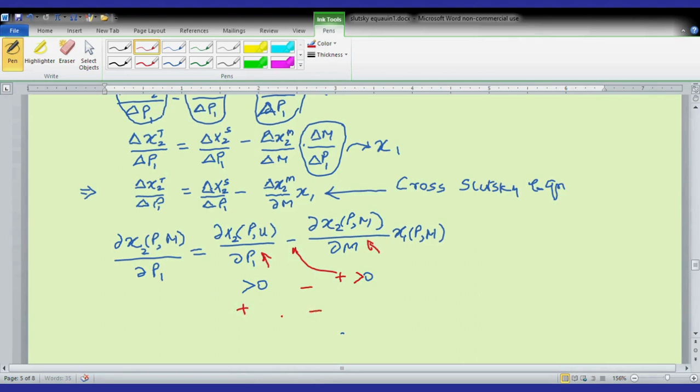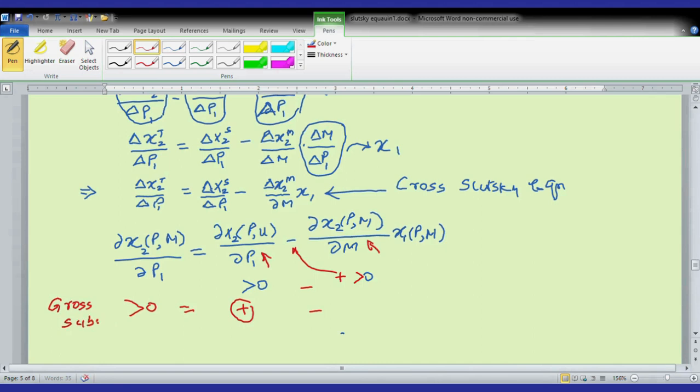Then the total effect will depend upon the relative magnitudes of these two terms, and if the substitution effect dominates, then the left hand side will be greater than 0, and in that case we say that the two goods are gross substitutes.